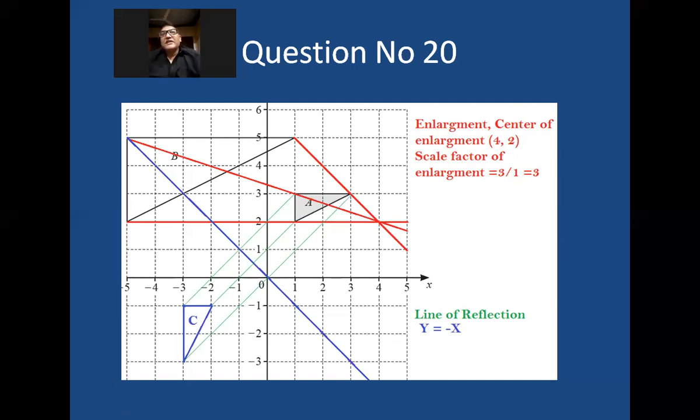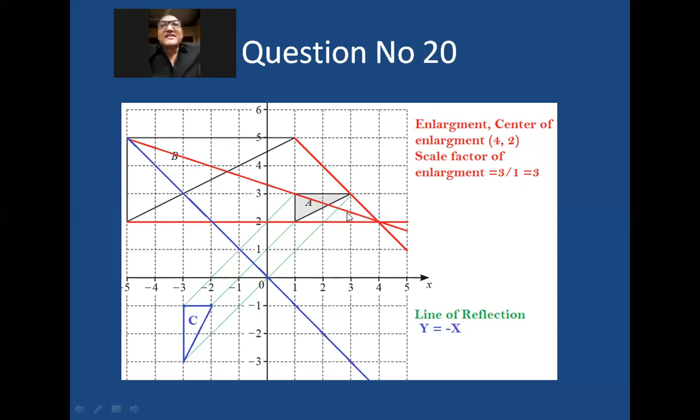Another very important thing is that I can do it directly also. When the line of reflection is y equals x or y equals minus x, you can do this. Look how I do this. This point is one diagonal and half diagonal, so on the same line I go half diagonal and one diagonal. This point is one diagonal, two diagonals, so on the same line I go two diagonals.